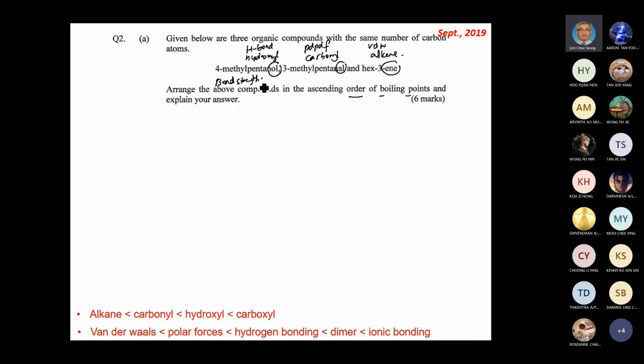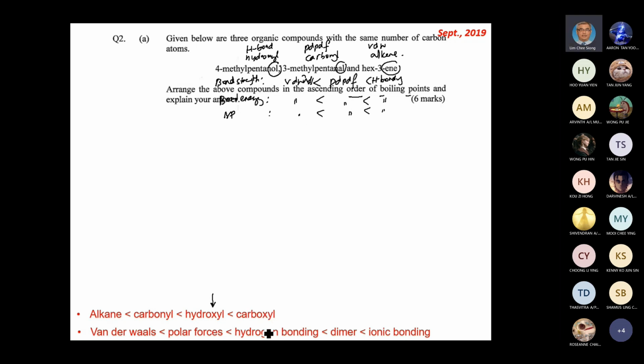Hydrogen bonding, then compared to the PDPDF, then the van der Waals. Then bond energy: hydroxyl has a bond energy higher than PDPDF, higher than van der Waals. As a result, the boiling point also follows the same order.